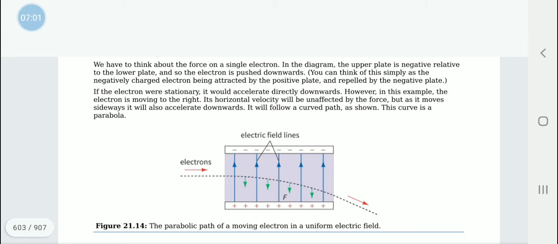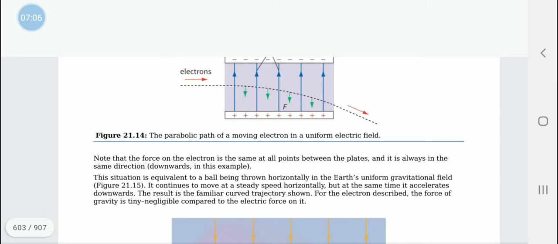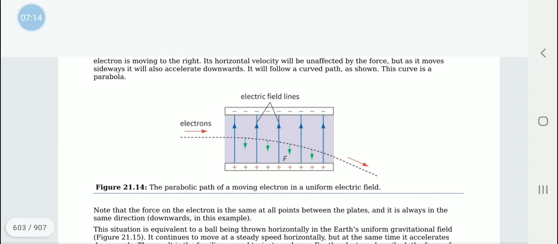However, if the electron was stationary, it would be directly accelerated downwards. Please pause the video and draw figure 21.14. After drawing, please write this down.